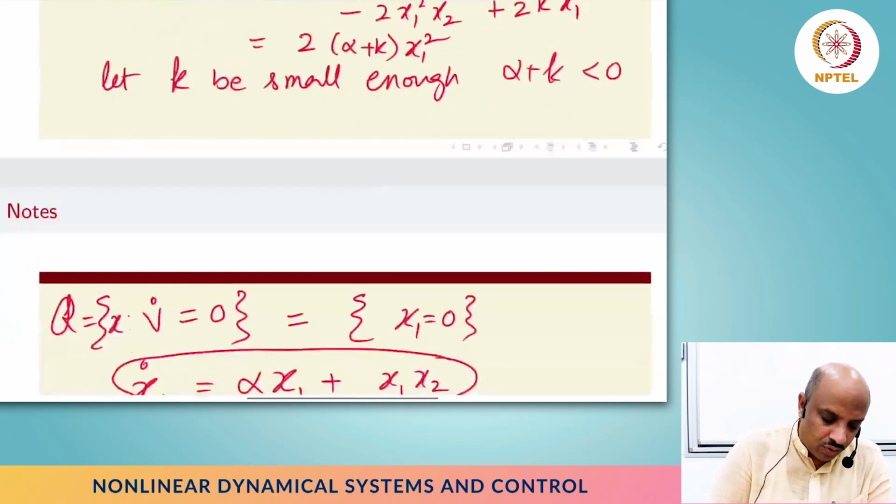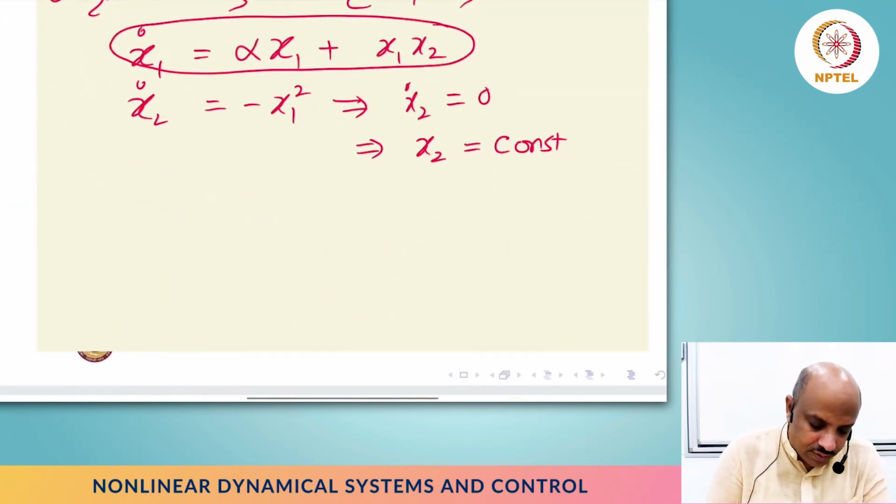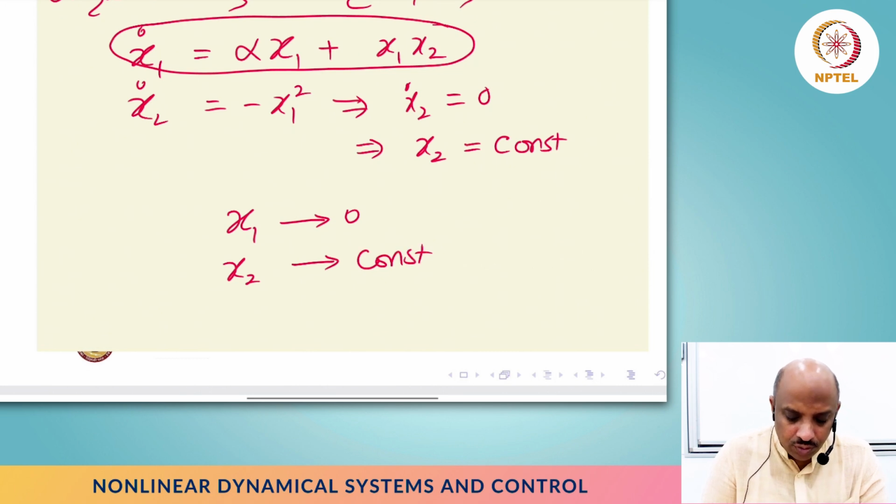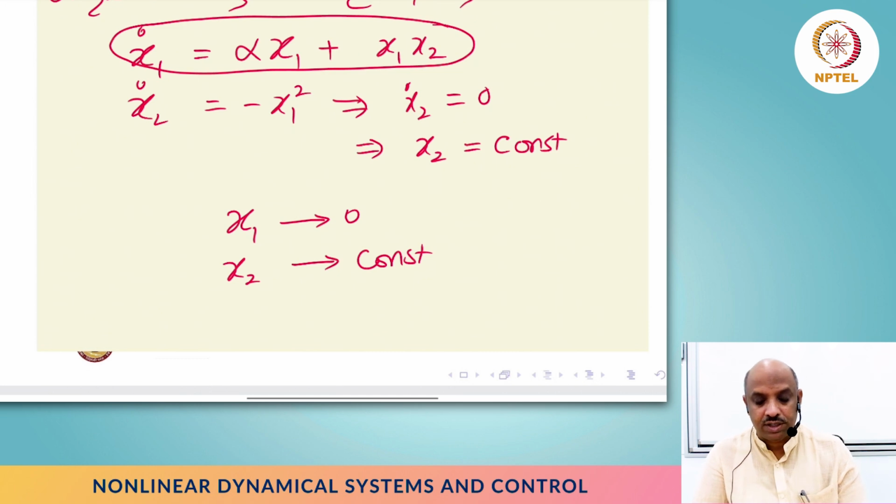I showed that using this analysis, x1 is going to go to 0 and x2 is going to go to some constant, okay? And we know that the entire line x1 equals 0 has equilibrium. So it is going to an equilibrium point. Whether it is going asymptotically fast and things like that cannot be concluded out of this particular analysis.